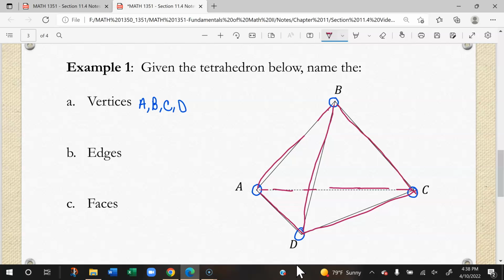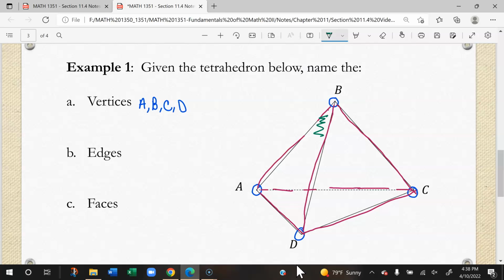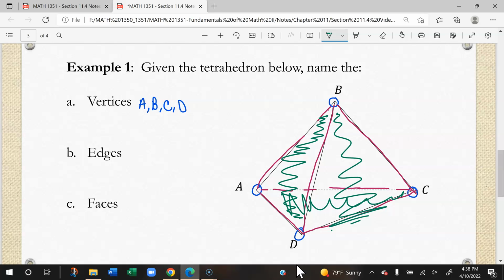And then the faces are, well, here's a face over here. We have the face at the bottom. We have a face at the back that's A, B, and C. And then we have a face at the front. So we have 3 faces around, and then we have the base.